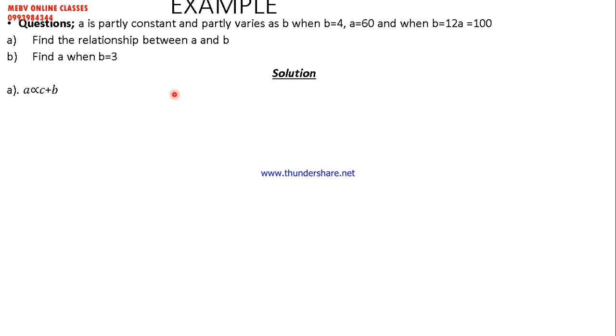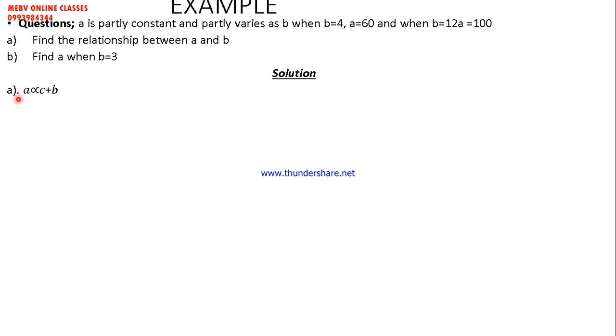Now let's find the relationship first. As we have been told that A is partly constant, which means there is a constant that we have been already given, and partly varies as B, which means here we are going to add.